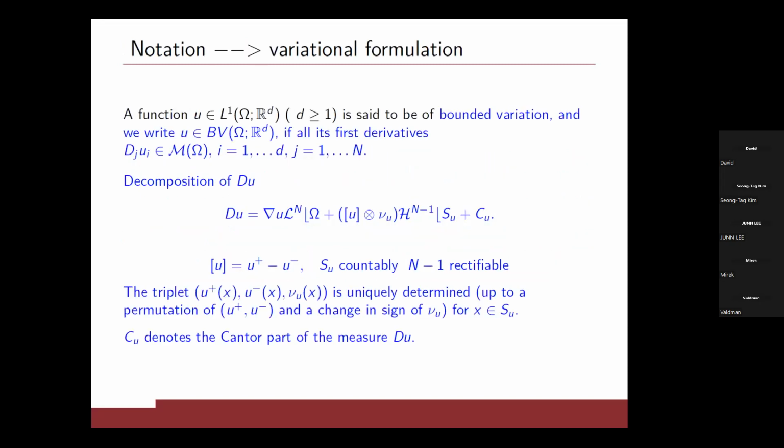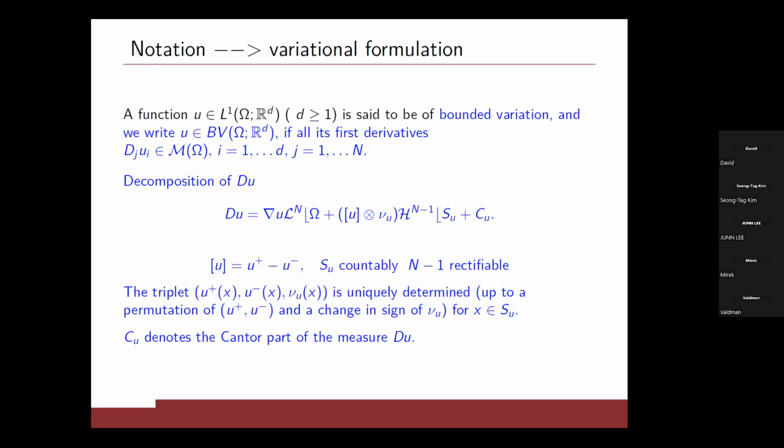Well, okay. The point is that, as I said in the plan of my talk, I'm more interested in the variational formulation of this theory. In order to do that, I fix some notation, and the setting where this theory will be described is in the space of fields with bounded variation.